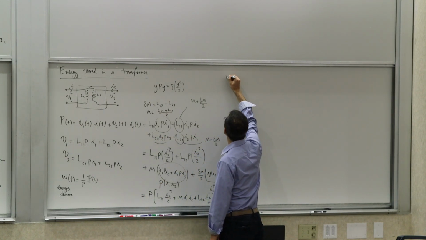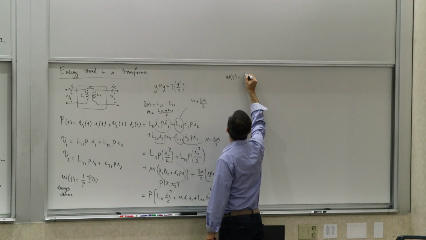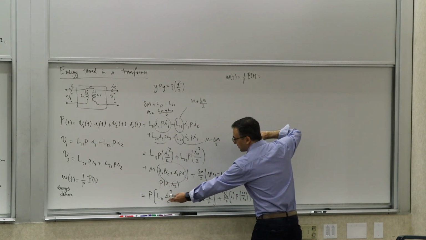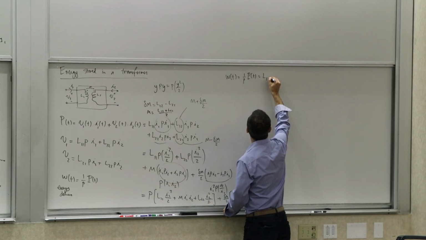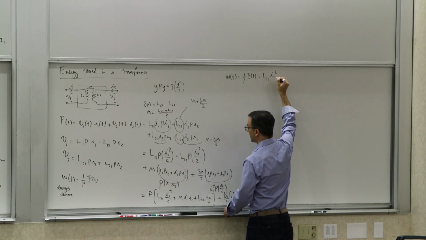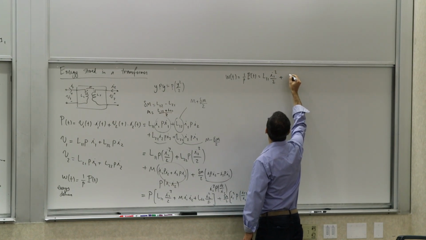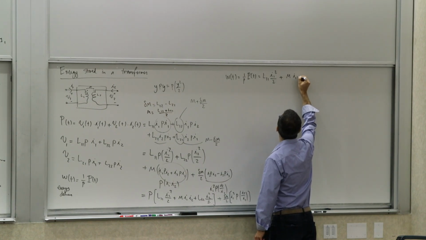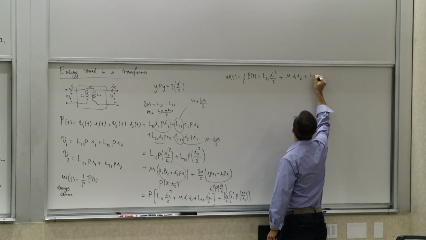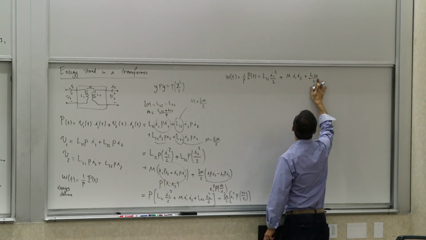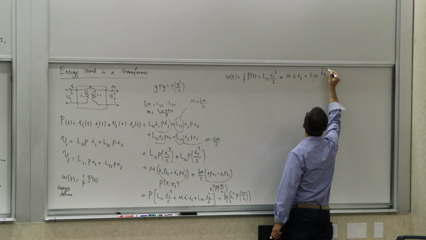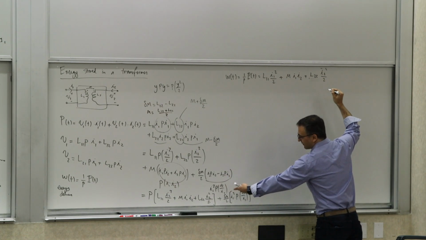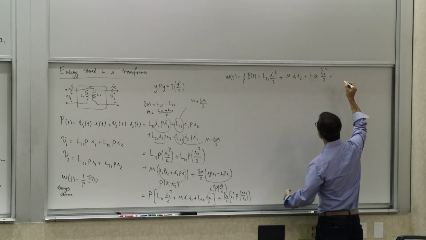So if we want to calculate the total energy delivered, it is going to be the integral of this thing, which is basically simply L11 I1 squared over 2 plus m I1 I2 plus L22 times I2 squared over 2. So that's the total energy due to these first three terms. It's just the integral of the derivative. Now here you have to integrate it, right?